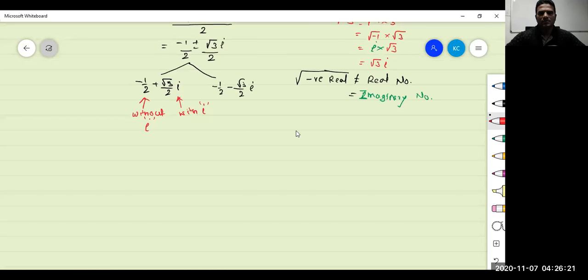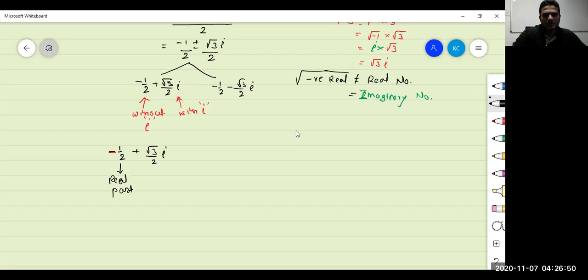First part minus 1 by 2, and second part plus root 3 by 2 I. So this is the real part, and this is with I, so we call it imaginary.